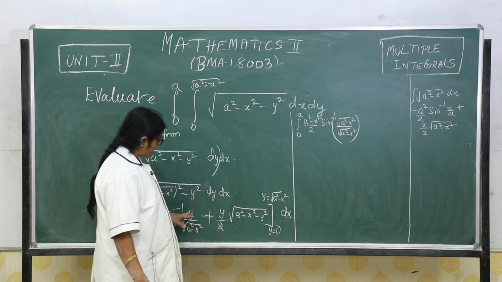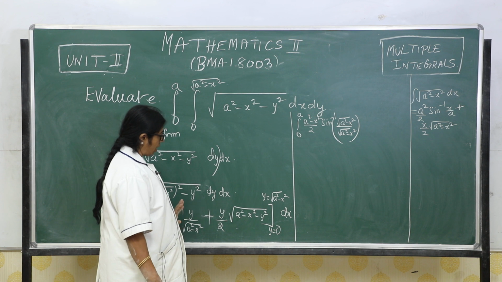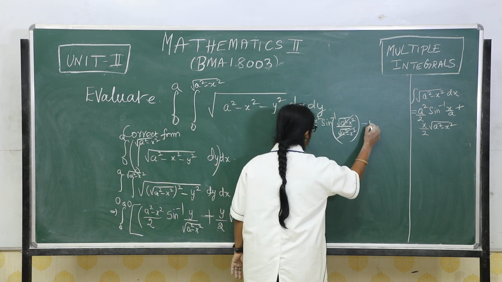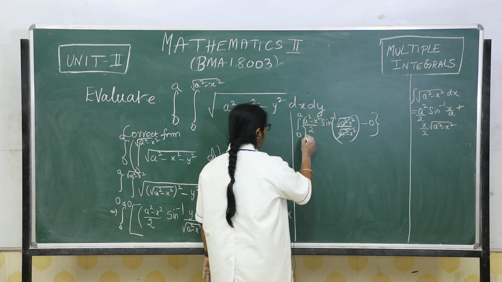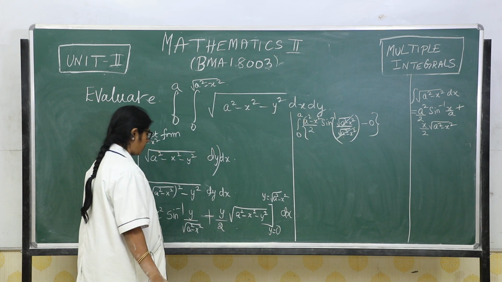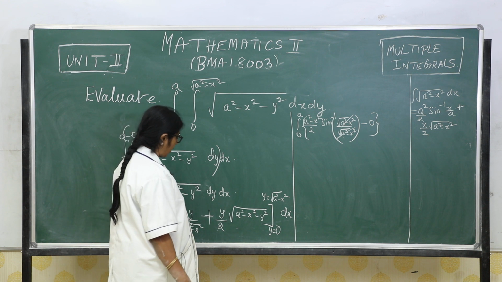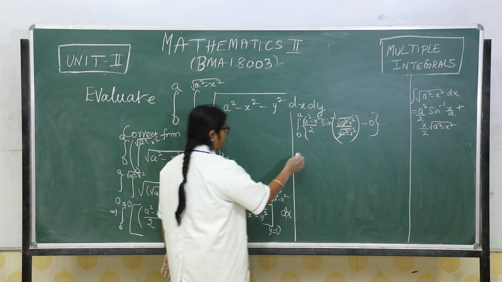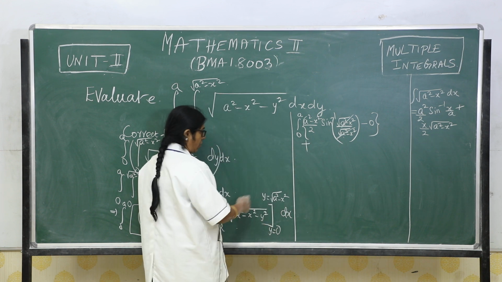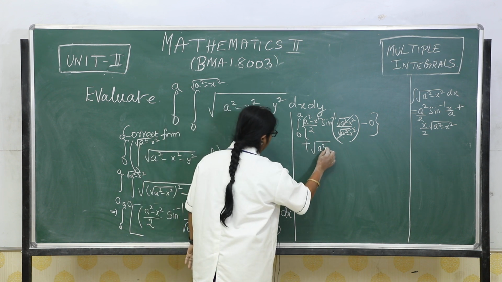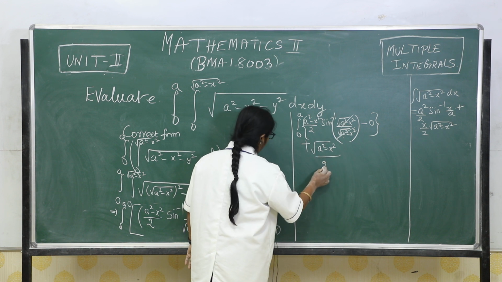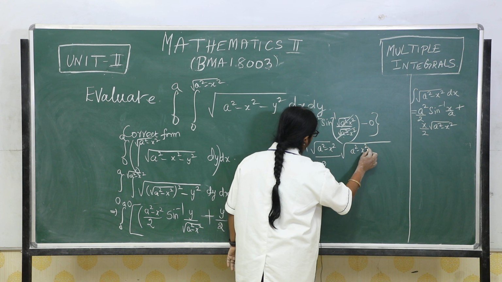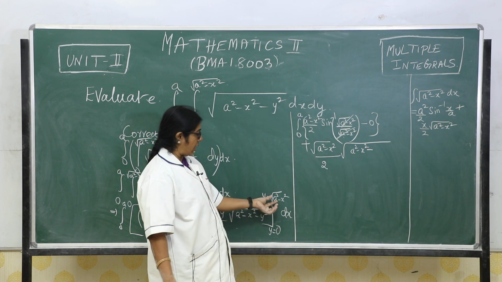For the lower limit, if you substitute y equal to 0, sin inverse of 0 is 0, minus 0. This is for the upper and lower limit of the first term. Second term coming here, plus y is root of a squared minus x squared divided by 2 into square root of a squared minus x squared minus what is y squared?